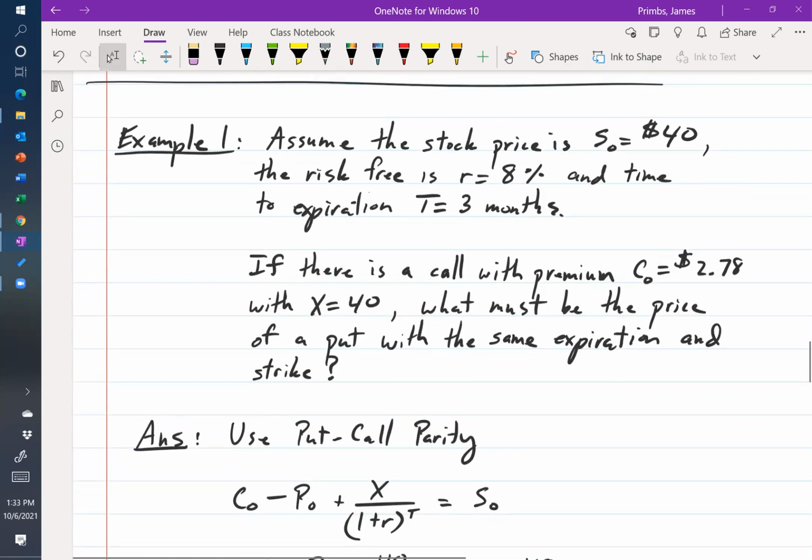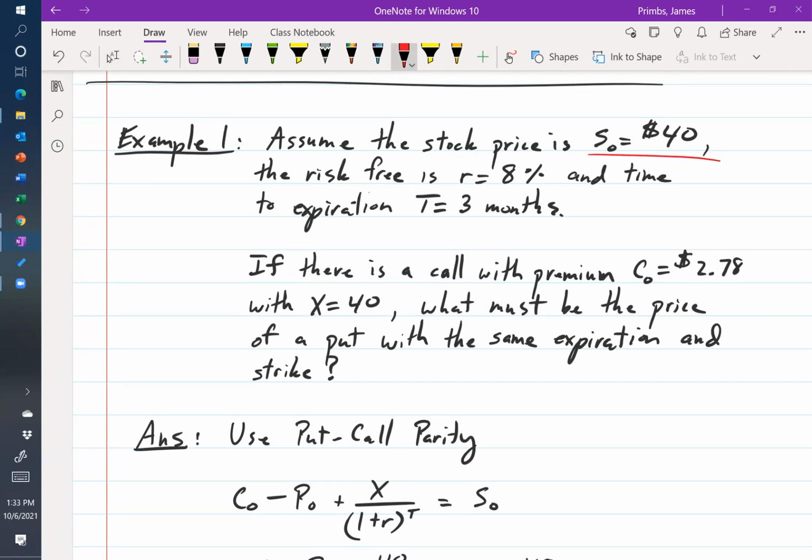So that's what we said. And I did an example of this. Let me remind you of the example because I'm going to come back to it. In fact, where we ended, the next thing I was going to do was revisit this example. So just a numerical example. Assume that the stock price is $40.